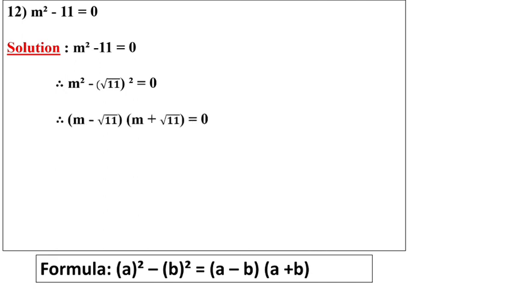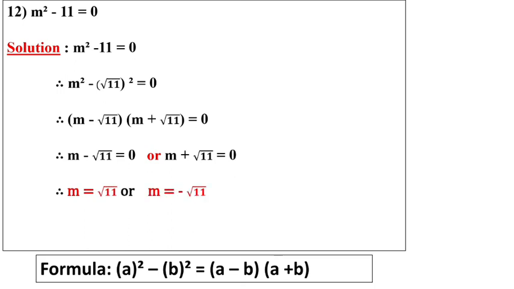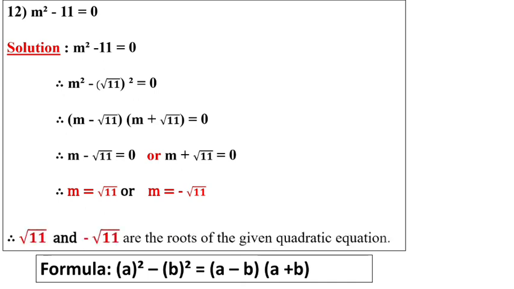M minus under root 11, m plus under root 11 equal to 0 we will take. Minus root 11 becomes plus and plus becomes minus. So under root 11 and minus under root 11 are the roots of the quadratic equation. I hope you have understood, and thank you for watching this video.